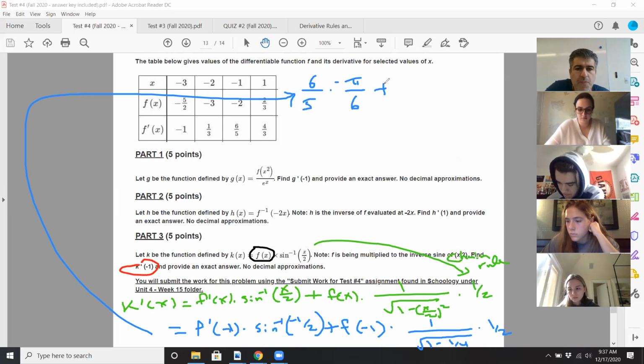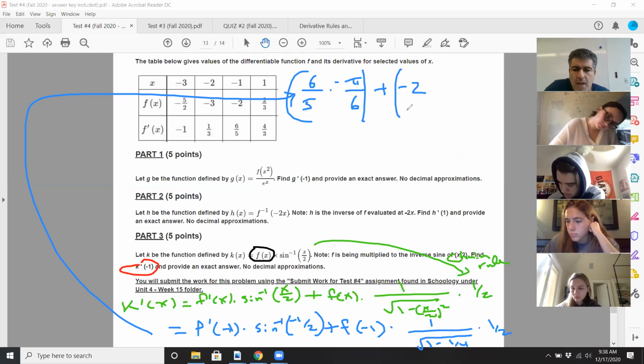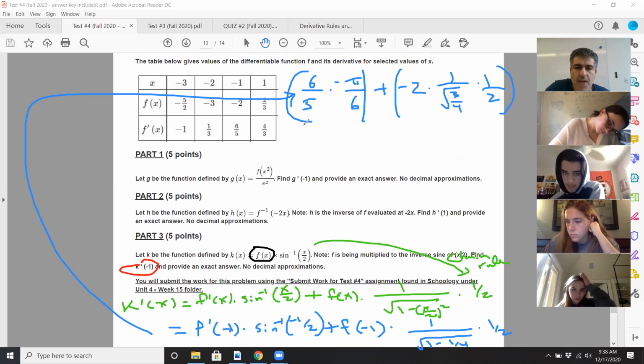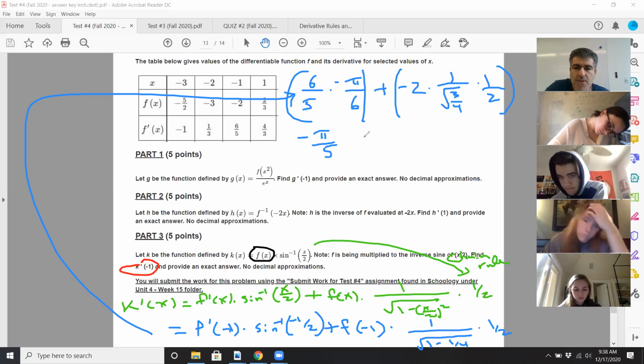f of -1 is -2. Let me put all these in parentheses because there's a lot going on here. 1 over the square root of 3/4 times 1/2. Excuse me. So you get -π/5. And the 2's cancel.